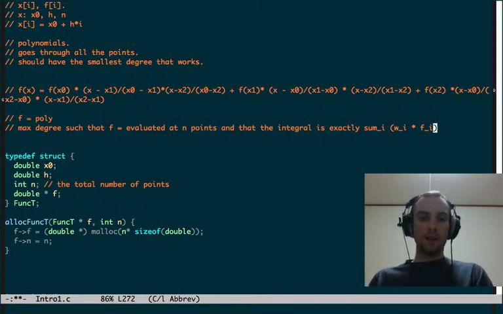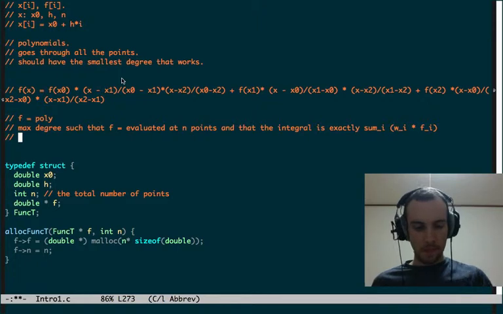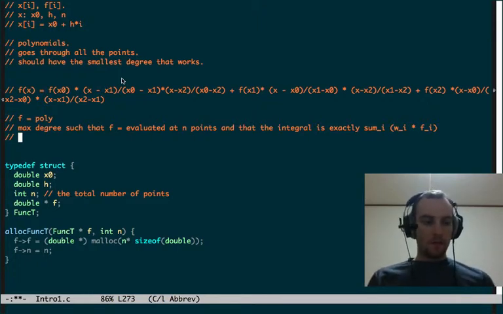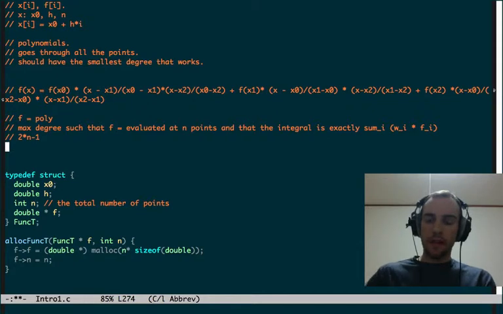And the max degree that you can do it, at least with a polynomial approach, is going to be 2n minus 1. So 2 times n minus 1. Alright. But then you have to figure out what the weights are and where you should evaluate f.